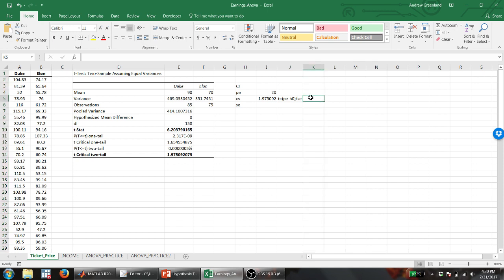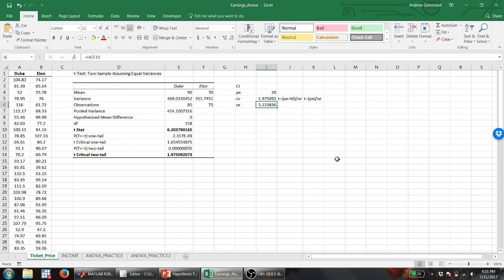So we can plug in the fact that H naught is 0 and take t equals PE over SE, and recognize that the one thing we don't have here is SE, because we have the t-stat and we have our point estimate. We just don't have standard error, which means we can solve for that. So the way we can get standard error from this table is we can take our point estimate and divide it by our test statistic.